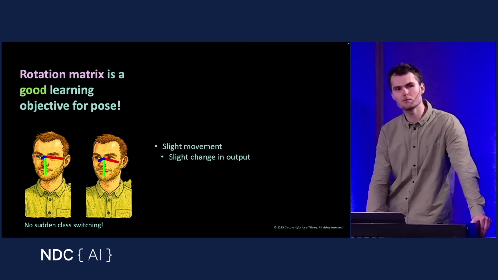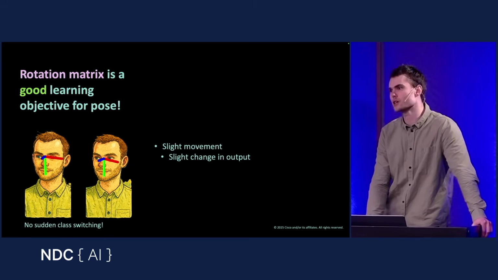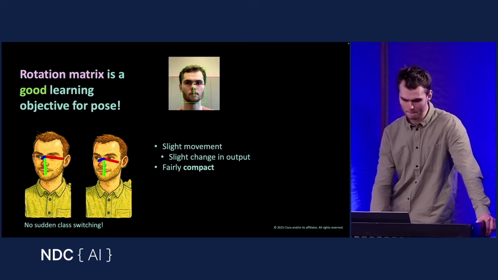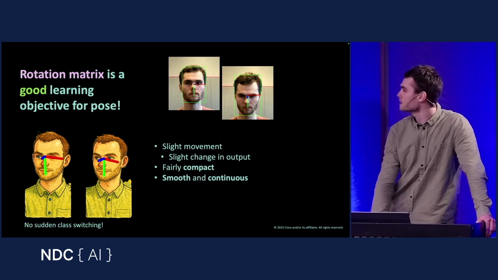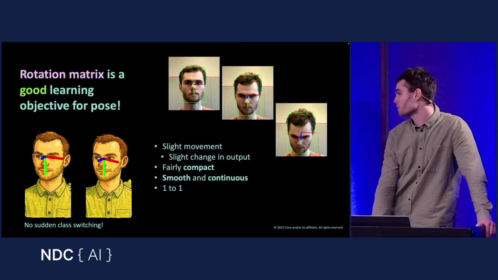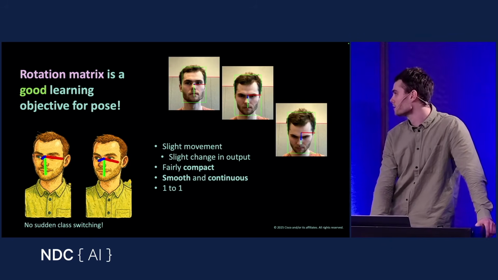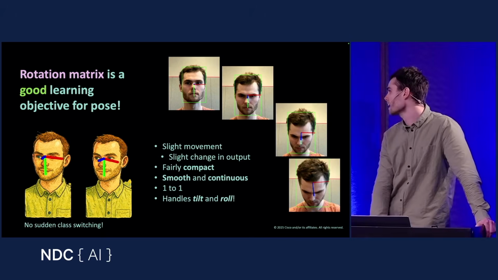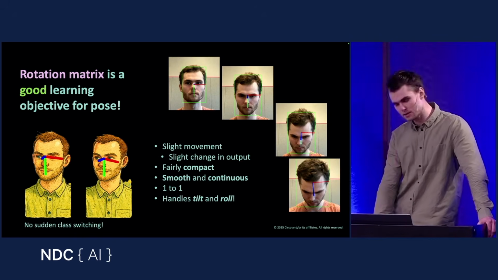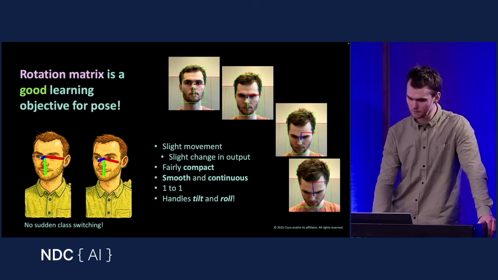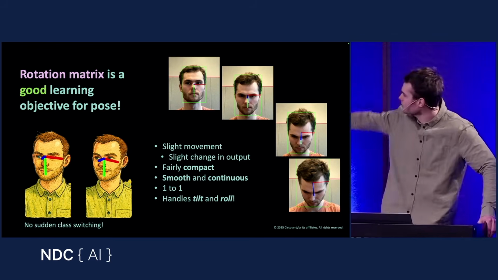If you have slight movements of the head, you'll get a slight change in output. It's fairly compact, it's smooth and continuous. There's a one-to-one mapping between the rotation matrix and the head orientation, and it handles tilt and roll as well. And these are outputs from our actual model.